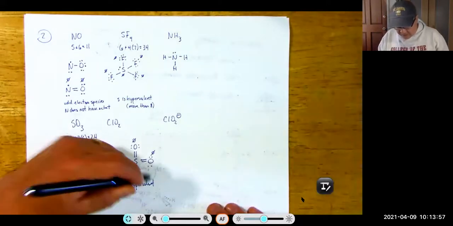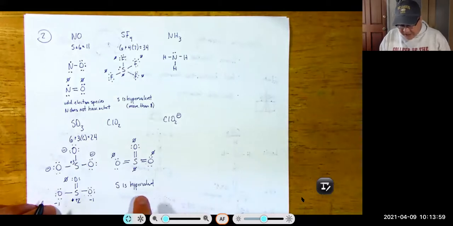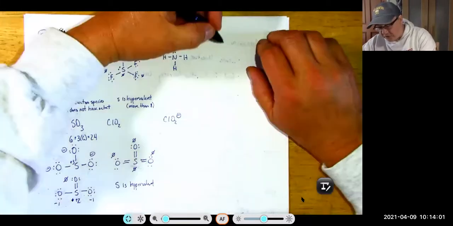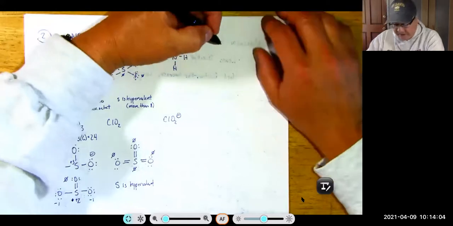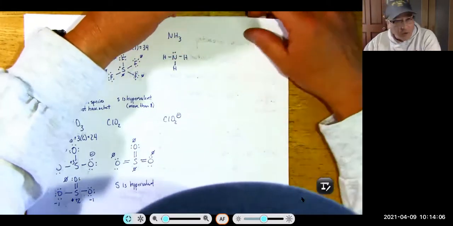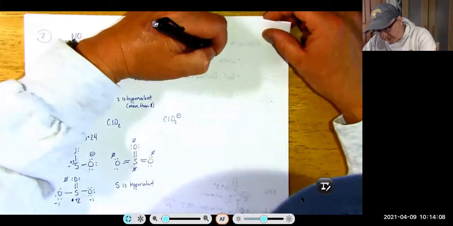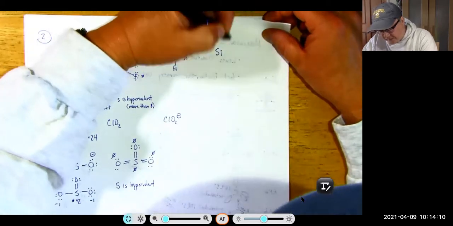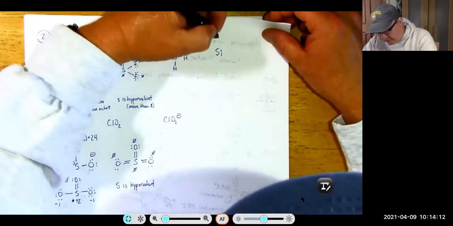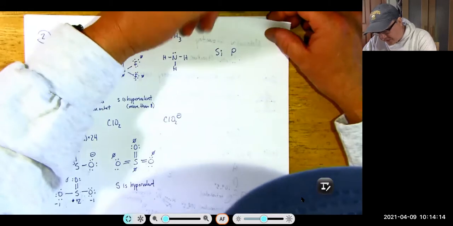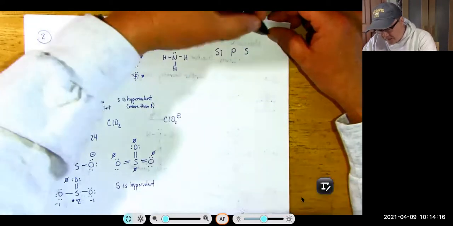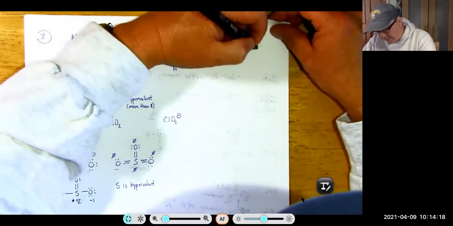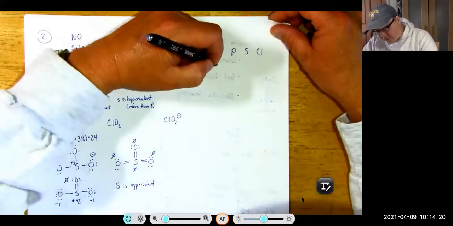Now, if we look at the number of bonds each atom likes to make, if we look in the third period and we concentrate just on the metalloids and nonmetals, so we look at silicon, and that's beneath carbon, then you look at phosphorus, and then you look at sulfur, and then you look at chlorine. Silicon can make 4 bonds normally.